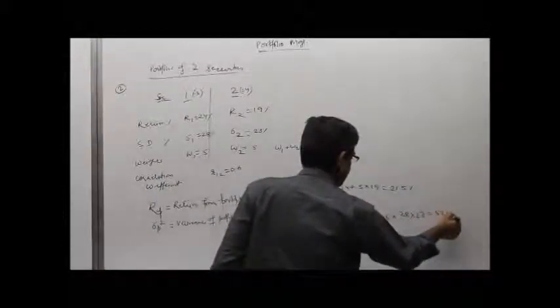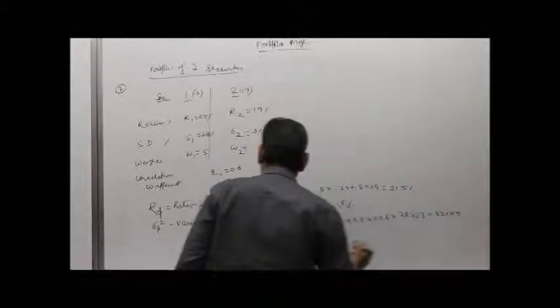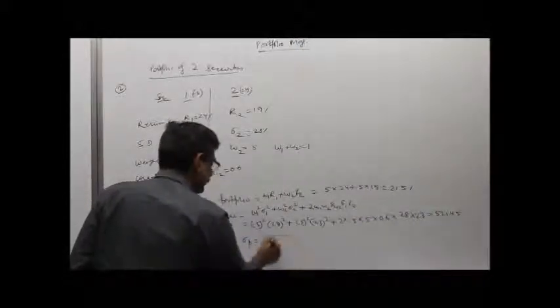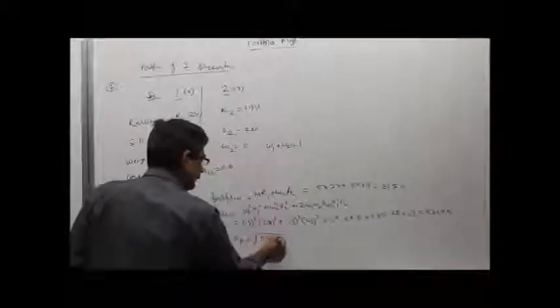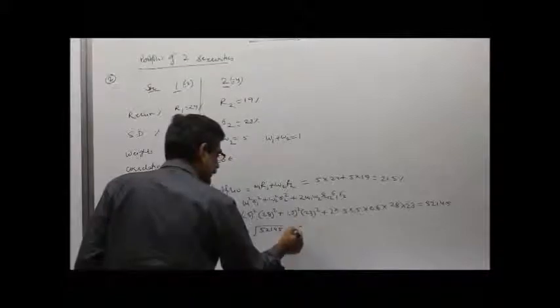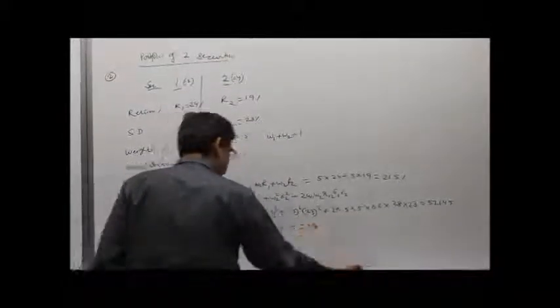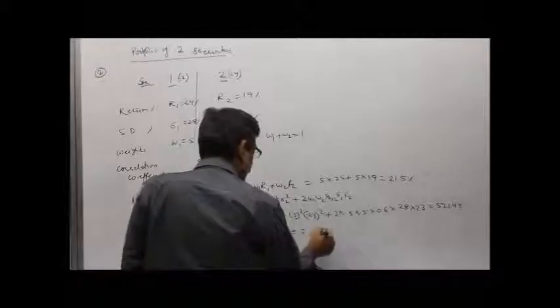This is equal to 521.45, and so sigma p will be equal to the square root of 521.45, which is equal to 22.84.